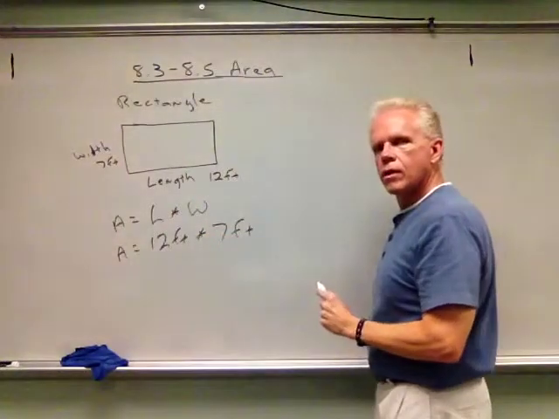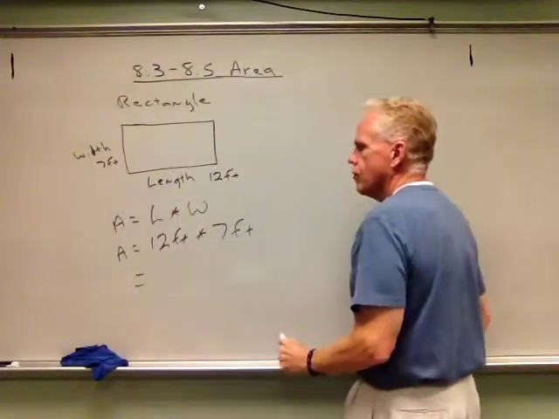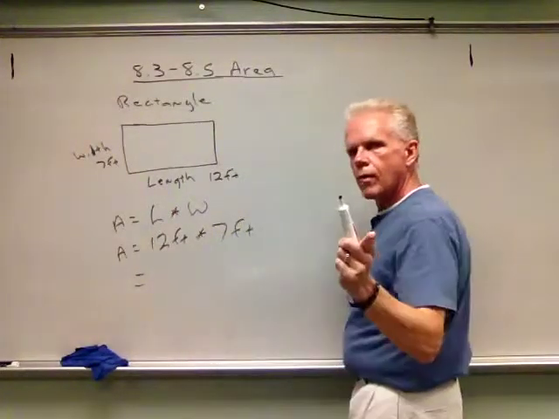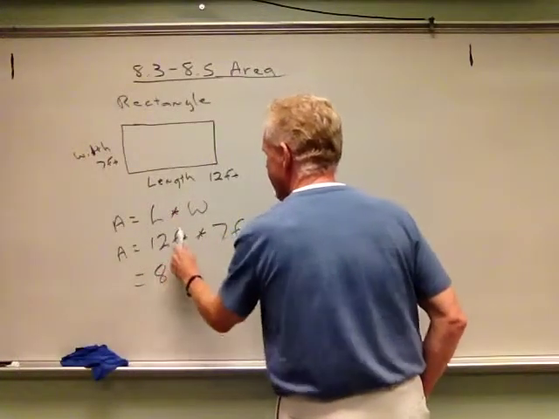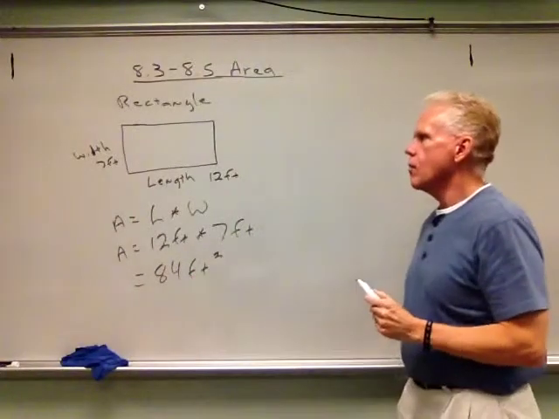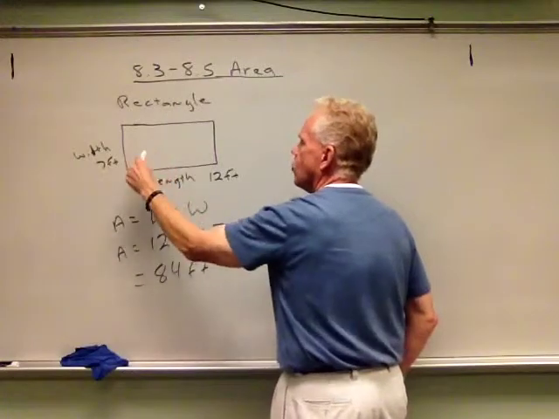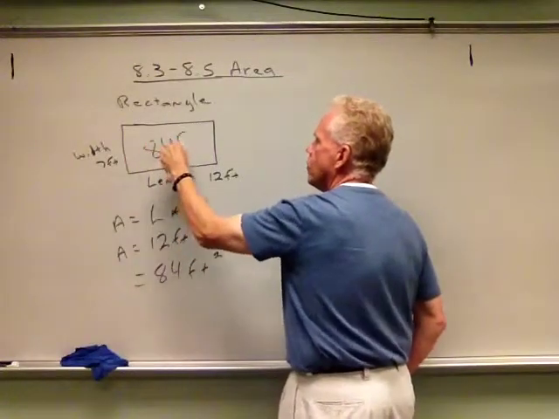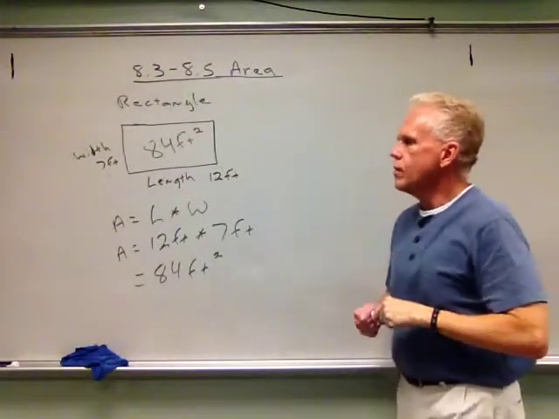Anybody know what 12 times 7 is? Oh, you got it. Cool, good. 12 times 7, I believe, if you're right, is 84. So we've got 84, and then feet times feet is square feet, feet to the second power. Okay, so the space inside here would be 84 square feet. 84 square feet.